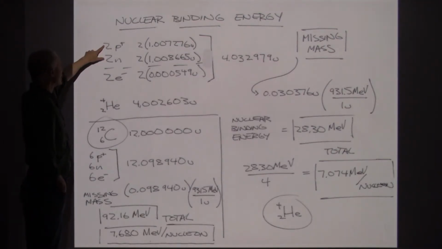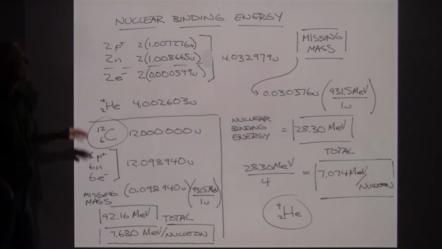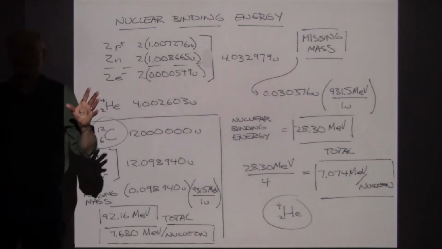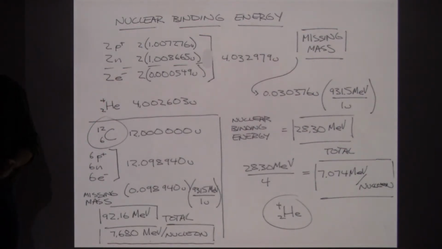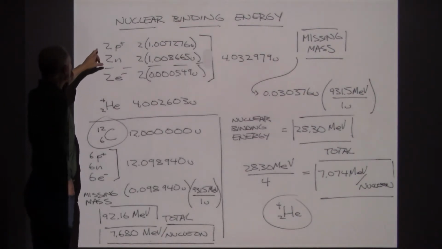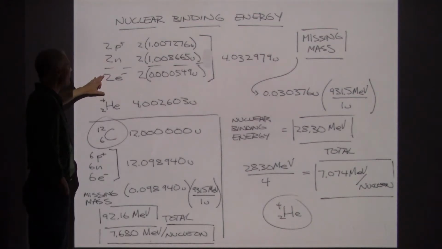Well, that'd be 2 protons, 2 neutrons, and almost all the time in the chapter, when we talk about different isotopes of different elements, the masses include electrons being attached. So the assumption is that it's a neutral atom that we're talking about. And so I've got to include the protons and the neutrons and the electrons.